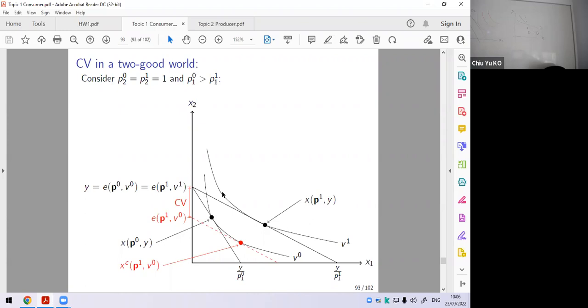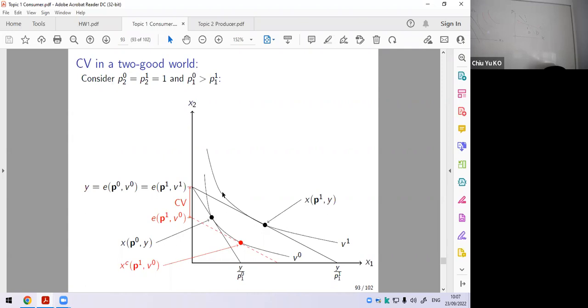What it is doing is asking how much you need to compensate this guy, looking at the new price ratio, the new price. How much you need to compensate or take away from him so that he is as happy as before and after. In this case, you take away his money, because the price goes down and it's a normal good.